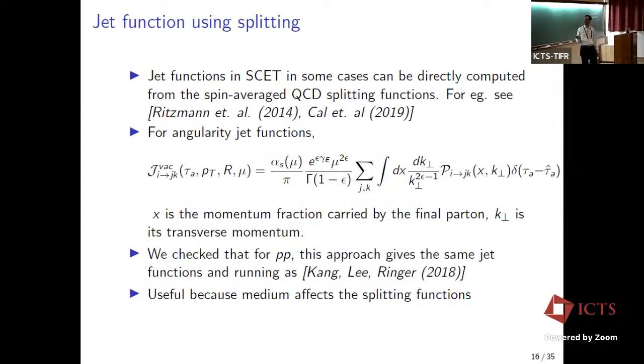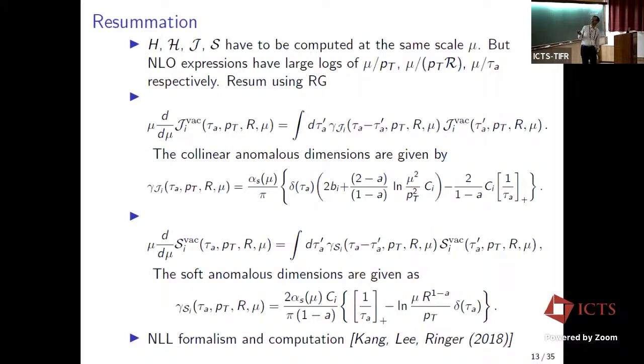The collinear dynamics that we described here in terms of this operator definition, it's slightly difficult to see what happens in a medium to this sort of a function. But it's actually possible to rewrite this collinear function or the jet function in terms of a parton evolution kind of picture.